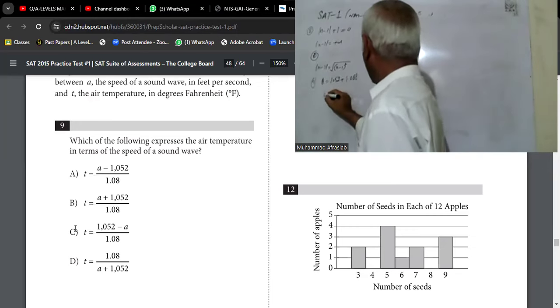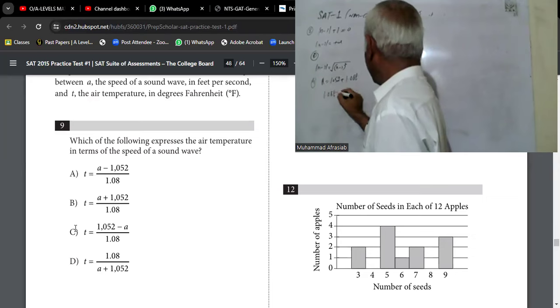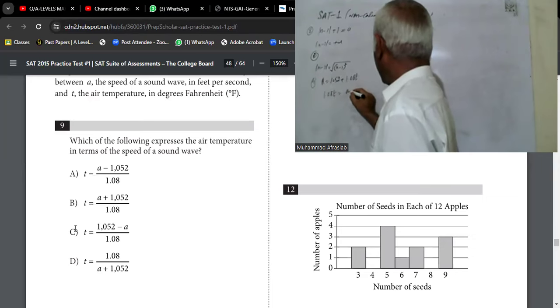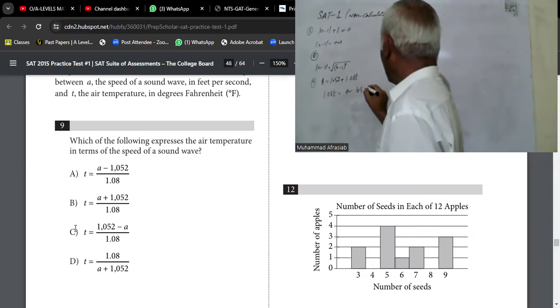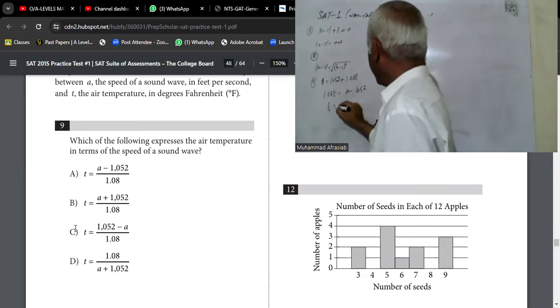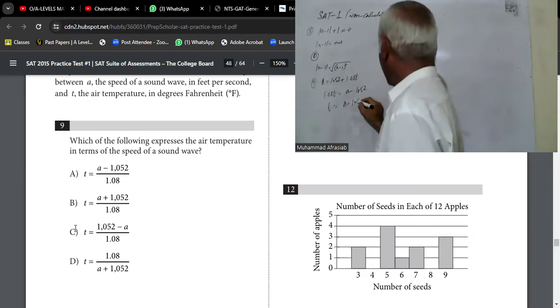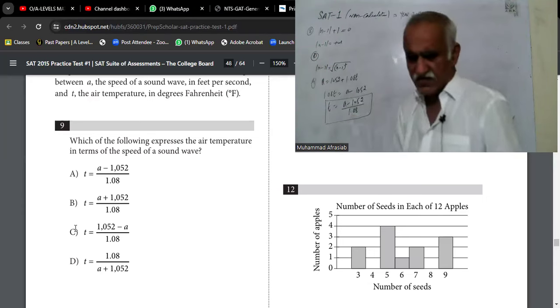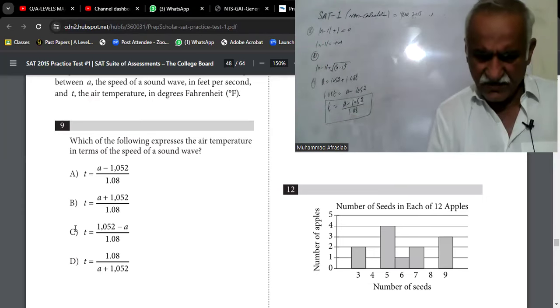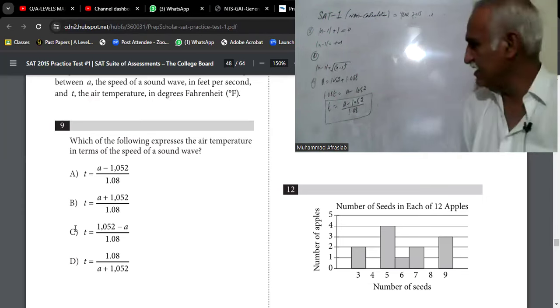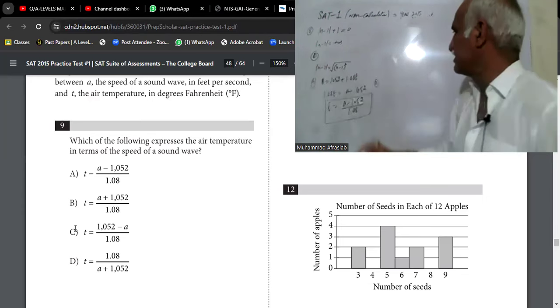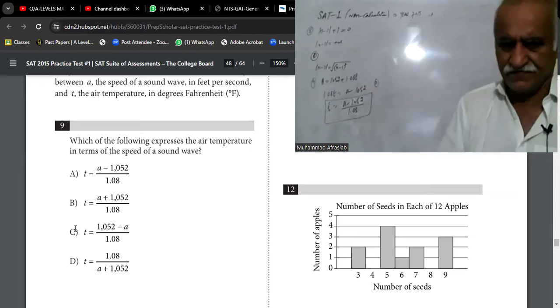So 1.08 T is equal to A minus 1052, or T is equal to (A minus 1052) over 1.08. So this is the temperature, which is the part A. So A is the right answer for question number 9.